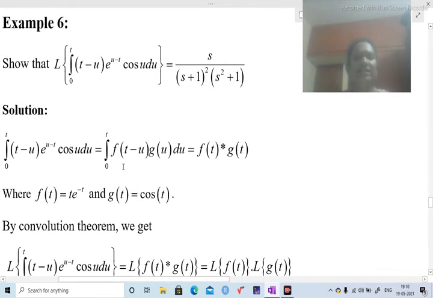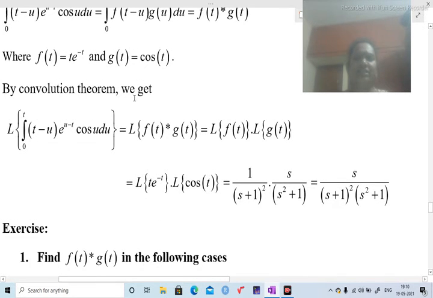This is convolution. That's why I am going to write this integration value as f of t star g of t. Here f of t minus u is (t minus u) into e power (u minus t). That means f of t is t into e power minus t. G of u is cos u means g of t equals cos t.